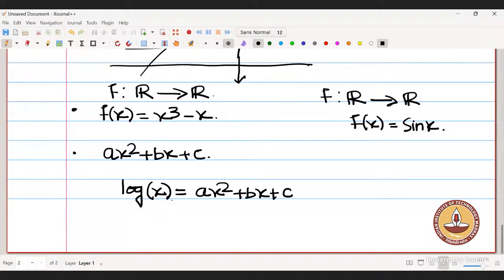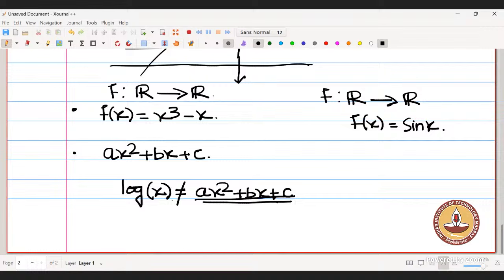Sir, if we have an equation inside instead of x, we cannot call it quadratic either? No. That is the problem.